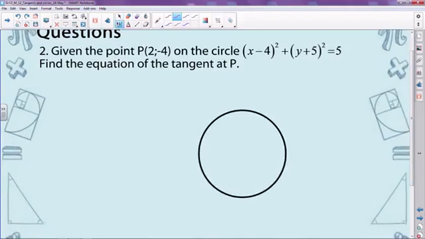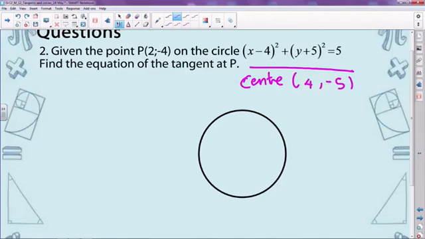So now that they've given me the equation in standard form, (x - 4)² + (y + 5)² = 5, I can identify a few things. The center of the circle is going to be the point (4, -5).